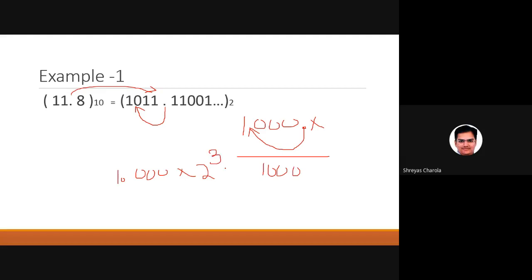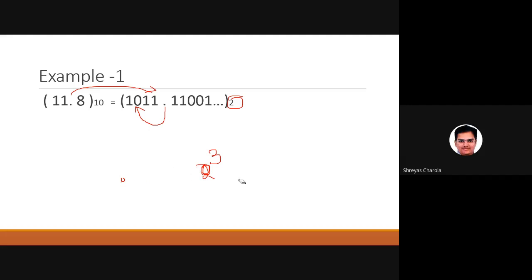Like this also I am able to write. Is it correct? So this point will come over here. Now, sorry, not 2 raised to 3, it's 10. I am talking about the decimal point. But if we are talking about binary, that is 2, that means instead of 10, you need to use 2 over here.